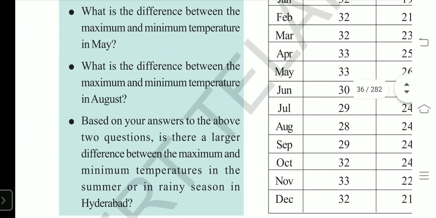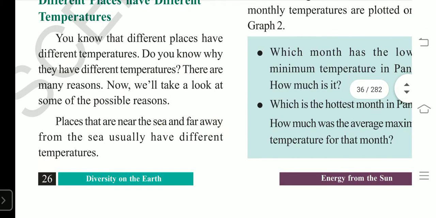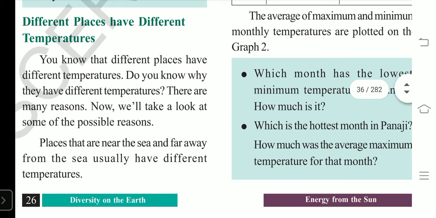Here we see that the places which are near to the sea will experience moderate temperatures, and the places which are far from the sea will experience much variation from January to December, right?